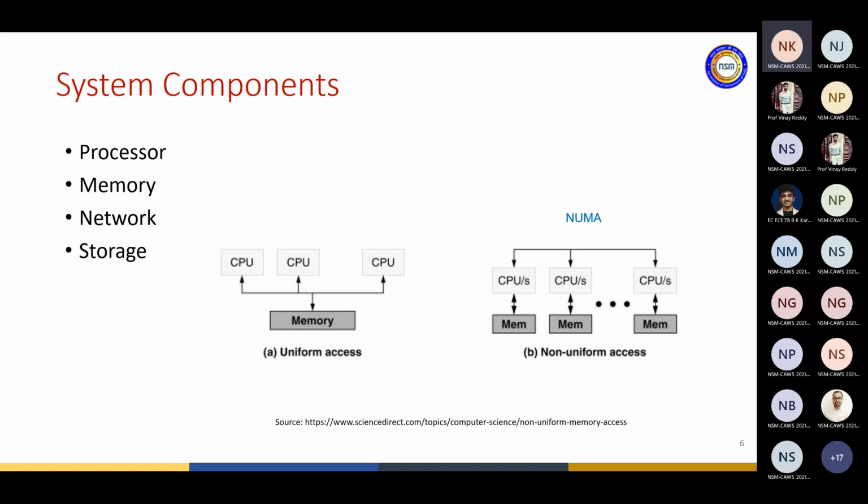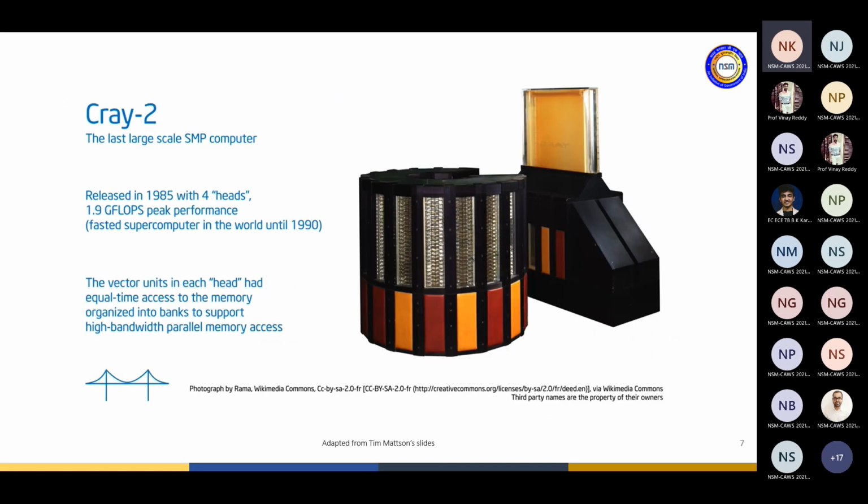We have what we call non-uniform memory access, NUMA architectures, and we'll look at some example systems. Some people believe that almost 30 years ago, truly SMP computers were built, and this is just one picture of this gigantic machine. You may know that earlier machines used to be really huge. Just one system used to be pretty big.